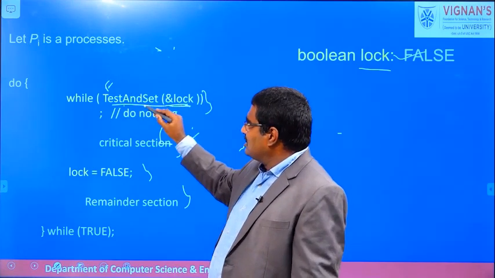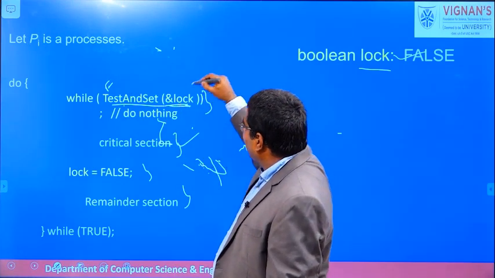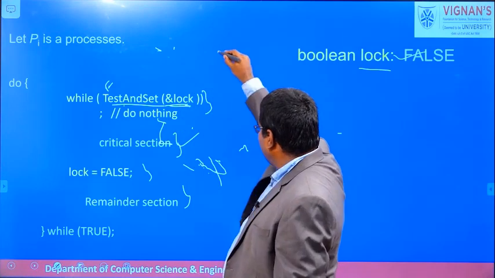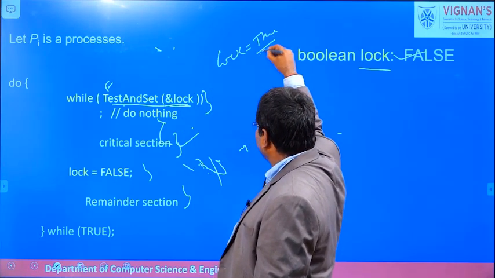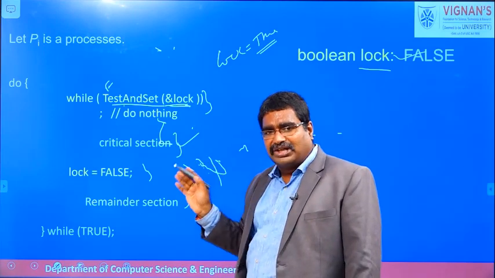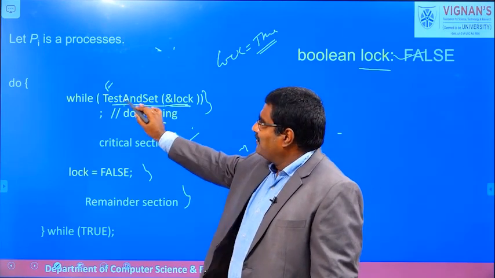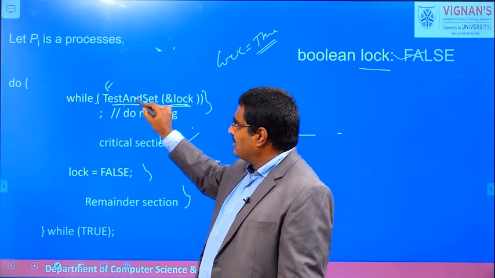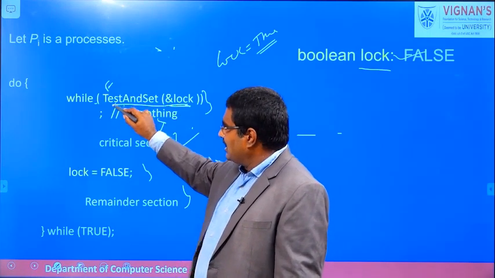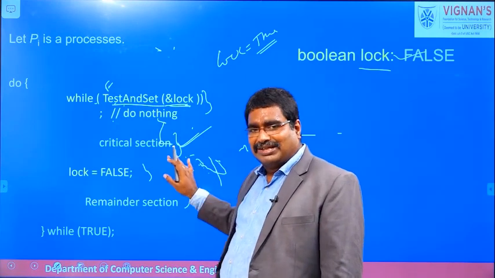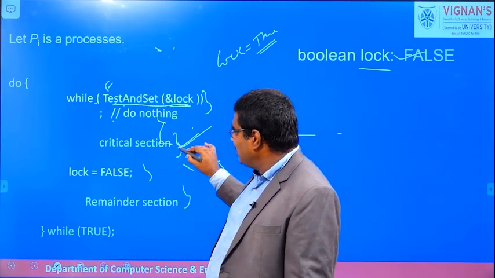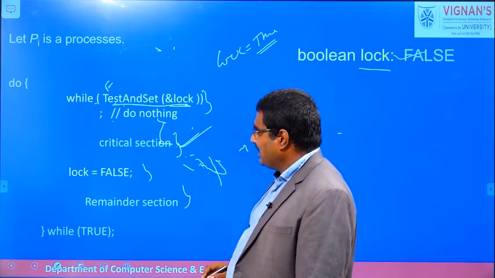And in the execution of TestAndSet, the lock value is changed to true. Previously it is false, now it is converted to true and it returns the value false. While false, the condition is false, so it terminates the loop and the Pi process enters the critical section. So I assume that you understand the Pi process has entered the critical section.